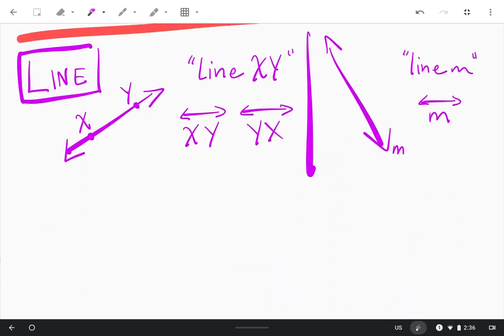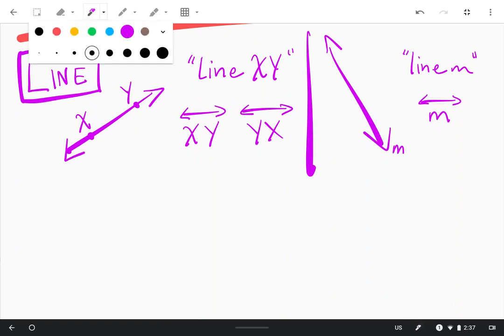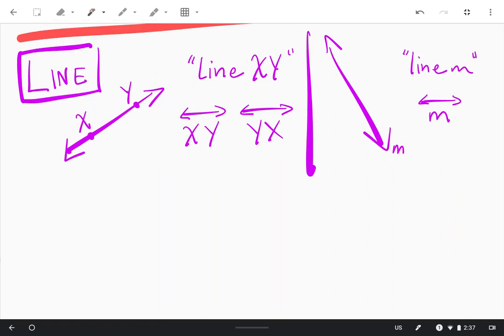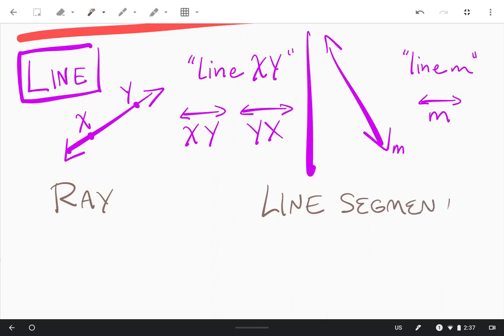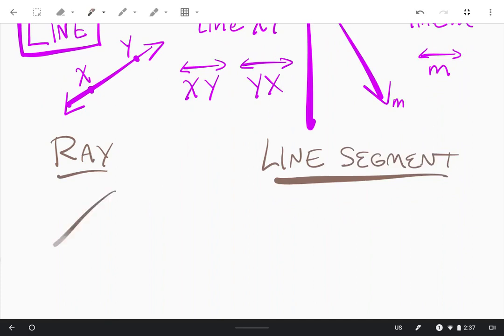Now, underneath the category of line, we have some other kind of things that we need to be aware of. So let me jump over here and these 2 are not considered undefined terms. They are kind of subcategories underneath line, and they are going to be ray and line segment. So a ray is a line that has one place where it is going on forever and one place where it just ends.